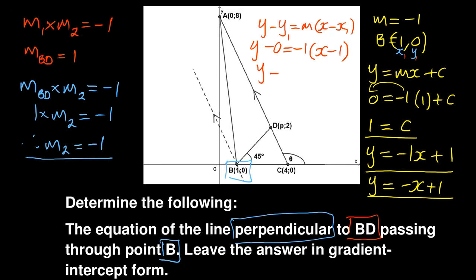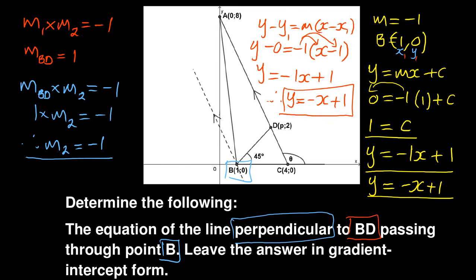So you've got y is equal to, you open that, it will be -1x, -1 times -1 is +1. Therefore, in this case, y is equal to -1x plus 1, which is the same as saying -x plus 1.